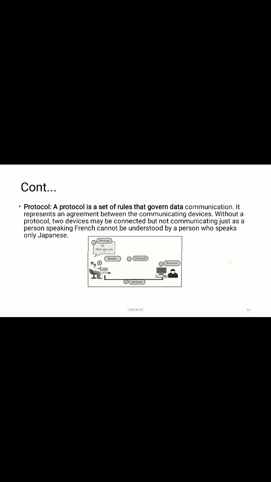So this is the situation. Without protocol, we can't send the data from transmitter to receiver. Both devices may connect, but they can't transmit the data. Here also the same: two persons may be present, but they can't understand what the other person is speaking.